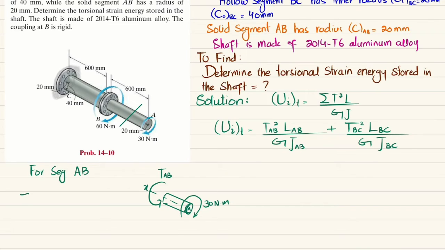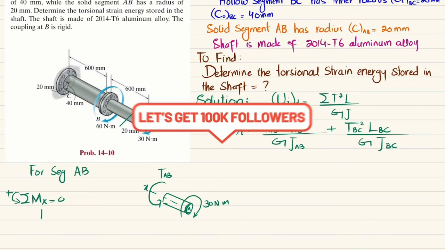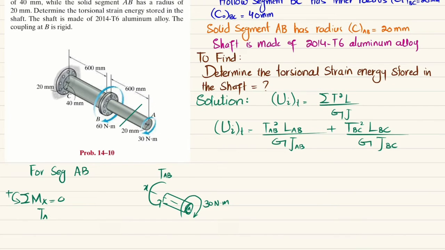In order to find TAB, we will apply the equation: sum of all moments about x-axis must be equal to 0, and counterclockwise taken as positive. So torque TAB, which is counterclockwise, and the other one which is minus 30, their sum must be equal to 0. So it means that TAB is equal to 30 Newton meter. This is the internal torque in this segment AB.